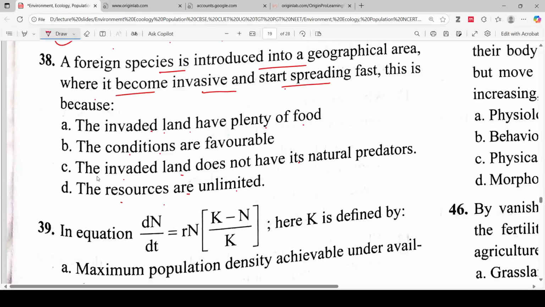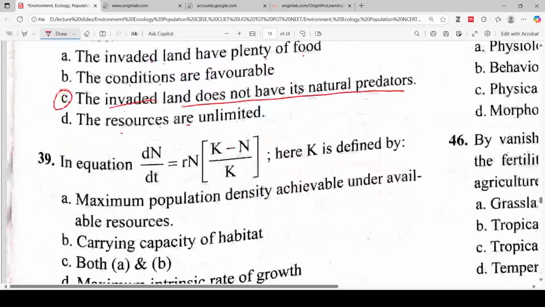So the correct answer is option C. The invaded land does not have natural predators.